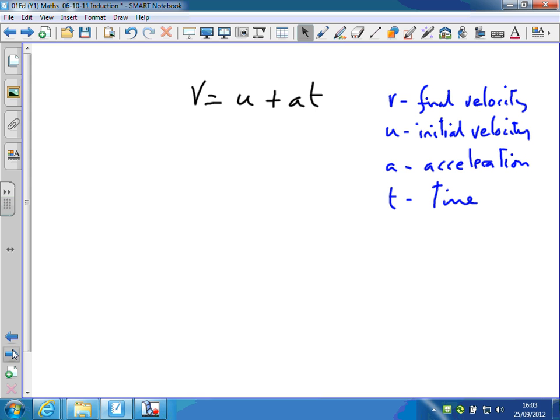So if I subtract it from the right-hand side, I must also subtract it from the left. So if I want to rearrange for U, I write V minus AT equals U. So U equals V minus AT. Done.